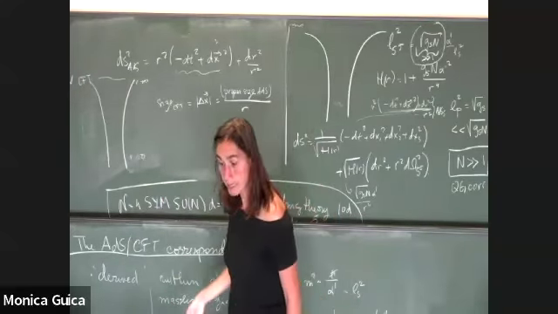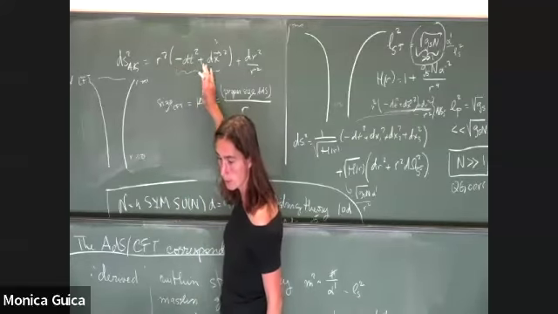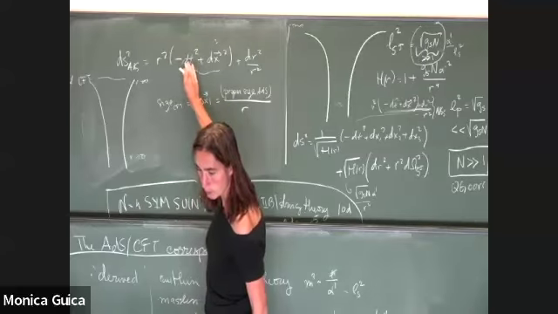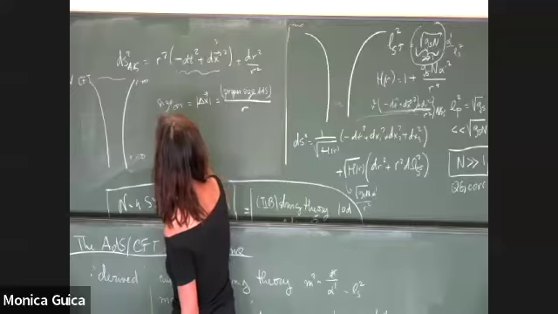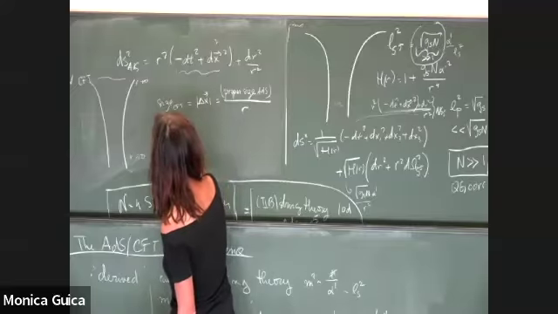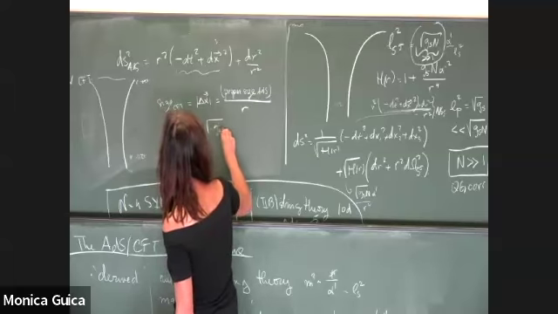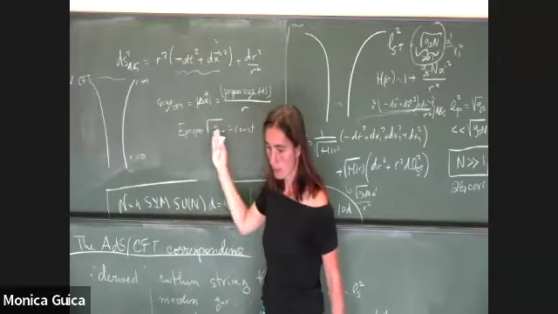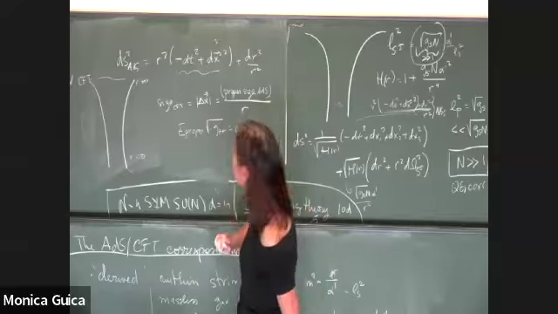Also, if you look at energies, the CFT energy is measured in this unit, with respect to this vector dt. And as you know, in the space-time, the proper energy times the square root of minus g_tt is constant as a function of r.